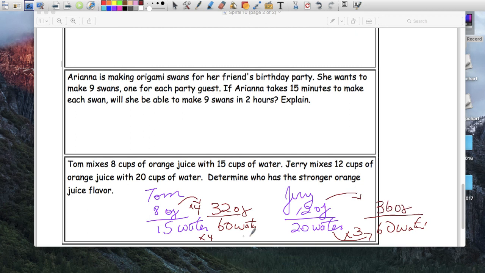So if you give both of these guys 60 cups of water, one is going to add 32 cups of OJ, and the other one's going to add 36 cups of OJ. So which one has the stronger OJ flavor? Obviously, Jerry, because he adds 4 more cups of OJ. Okay, so you needed something in common in order to make a comparison.